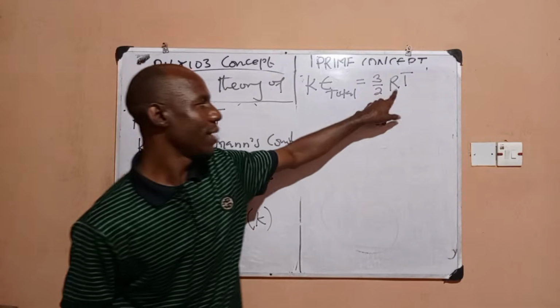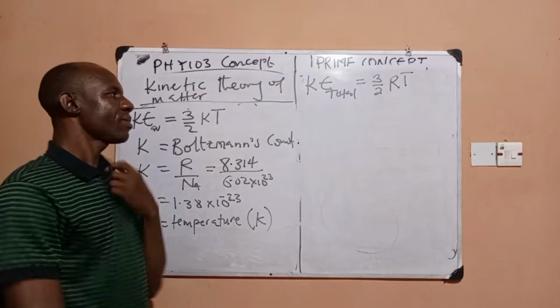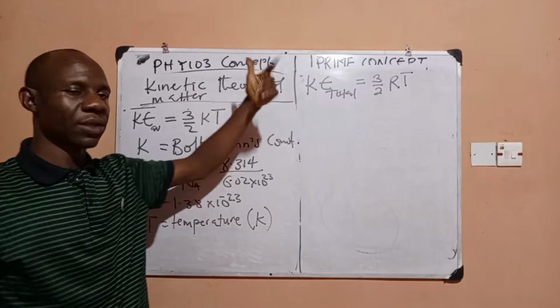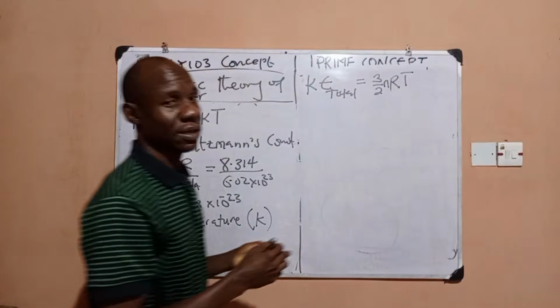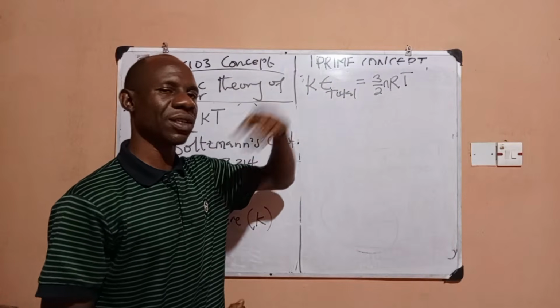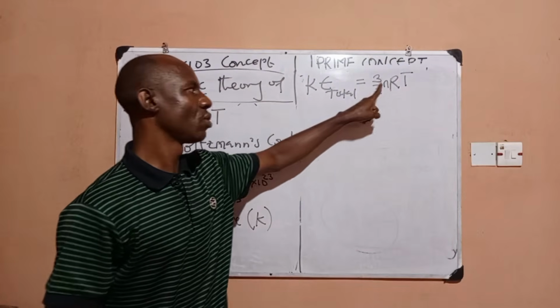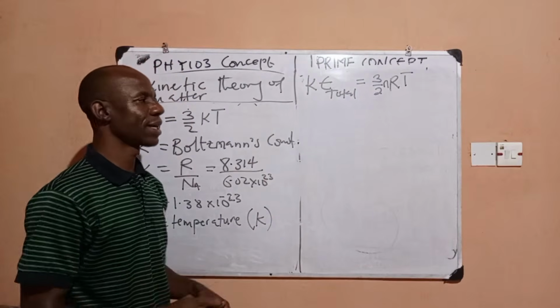Total is in terms of R, the gas constant. Is that clear to you? Yes, this is for 1 mole. If you don't have 1 mole, then it is 3 over 2 nRT. Most times the assumption is 1 mole, so they may not even tell you about moles. You should know that they used 1 mole of gas. So that is total kinetic energy.